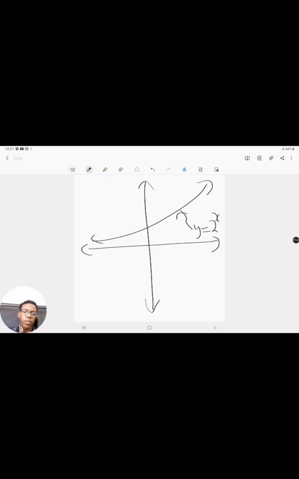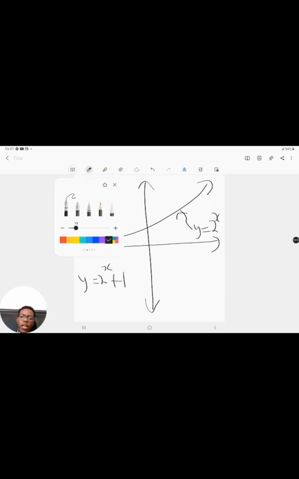And we know that the second equation is y is equal to 2 to the power of x plus 1. That plus 1 is simply saying to us, you're going to take the original equation, right?